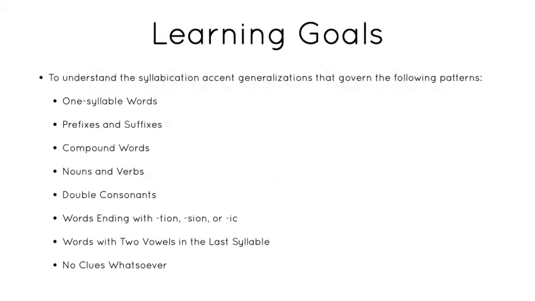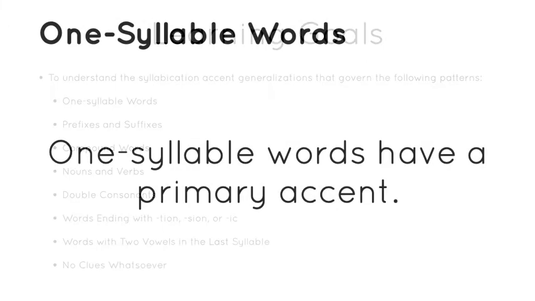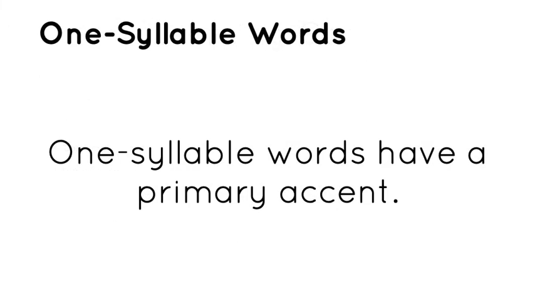By the end of this video, my hope is that you understand syllabication accent generalizations within a variety of different patterns. So let's begin. And we're going to start with one-syllable words. One-syllable words are considered to have a primary accent.